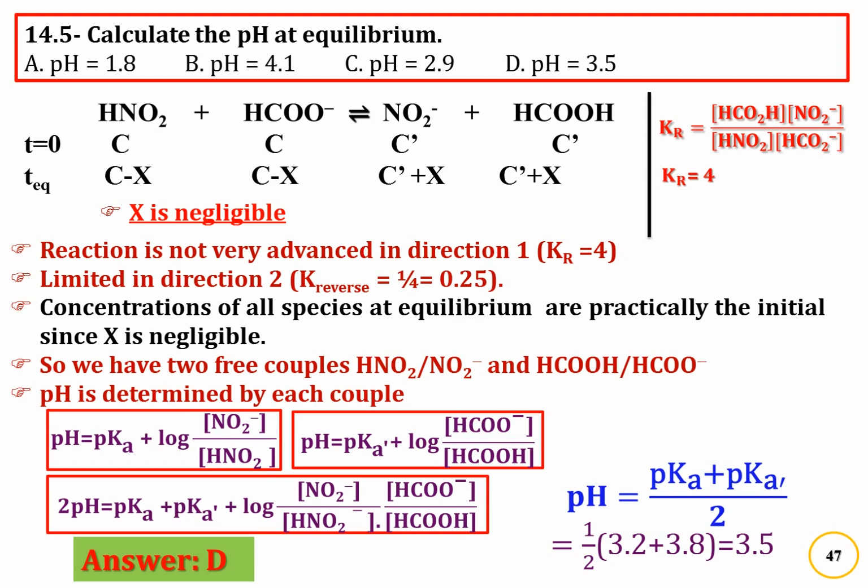Condition 2: no reaction or limited reaction between this weak acid and this weak base. Third condition: the weak acid and the weak base should have the same initial concentration. So when we have these three conditions, we can apply directly this formula, pH equals half (pKa plus pKa prime), without doing, as we said, all this proof.